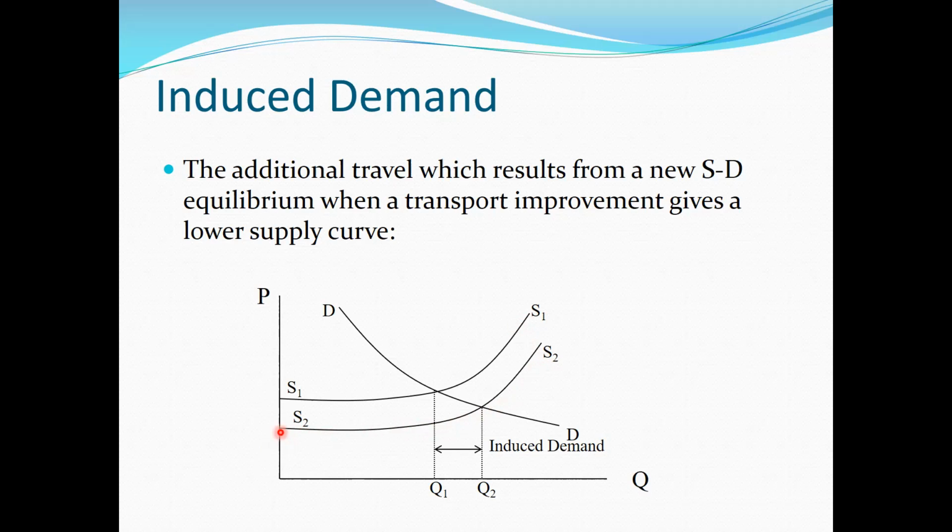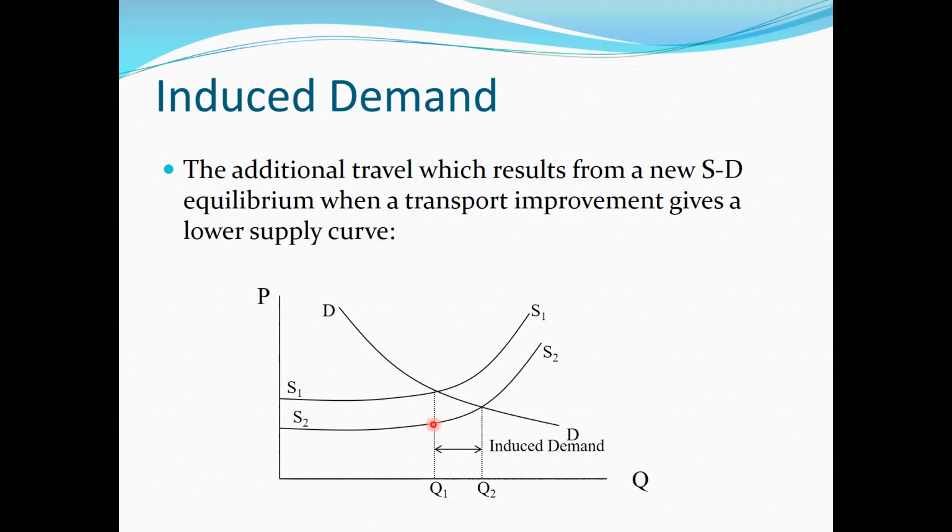So not only is the initial travel time lower, but also at any given demand level, the price has been lowered to this value. So you could see that if the demand stays at Q1, the travel time would actually go down.